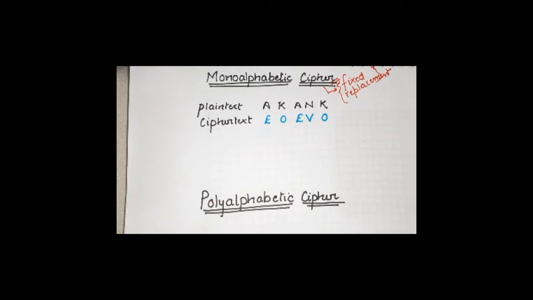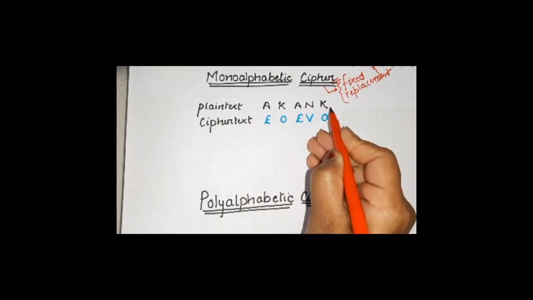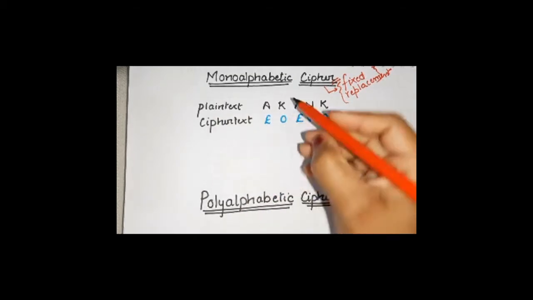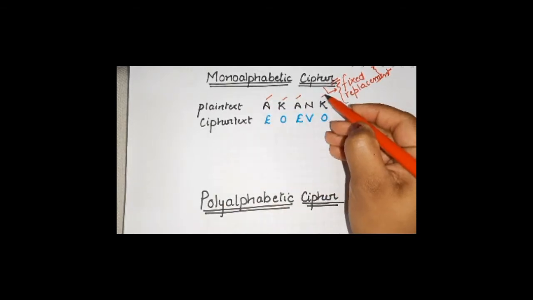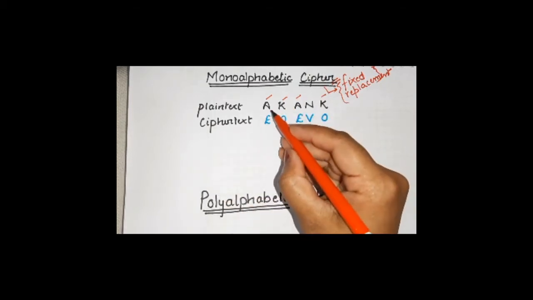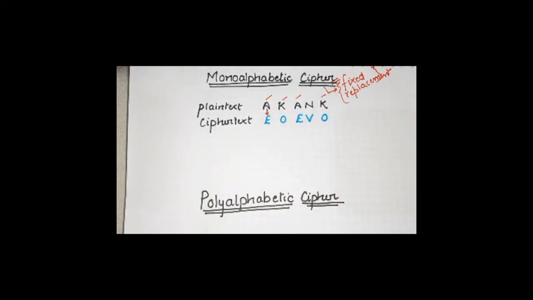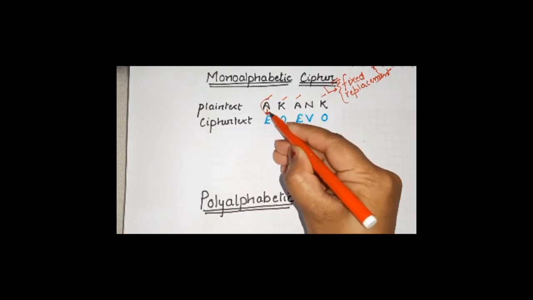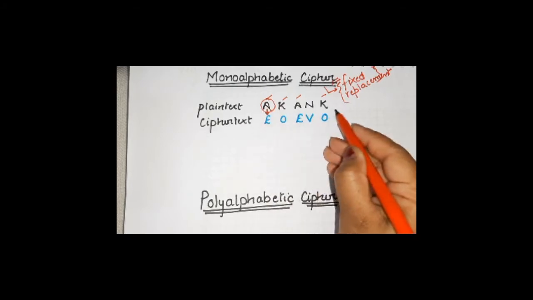So, for example, I've taken an example here. The plain text is AKANK. You can see that the letter A appears 2 times. The letter K also appears 2 times. When A is replaced once by E, what do you mean by monoalphabetic cipher? The A is going to be replaced by E for all the occurrences.